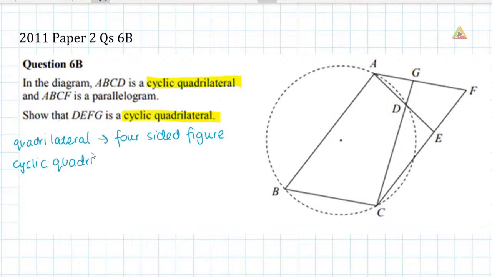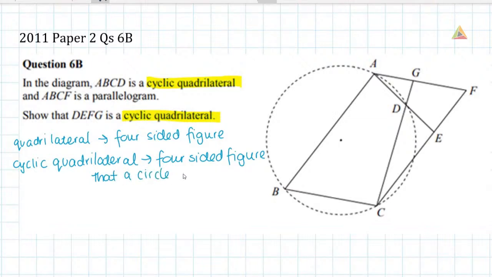A cyclic quadrilateral is formed when we have a four-sided figure, so that means it's a quadrilateral, that a circle can be drawn through the four corners.